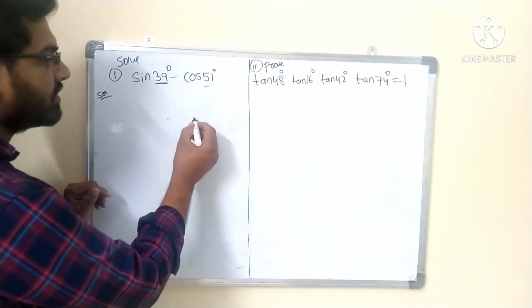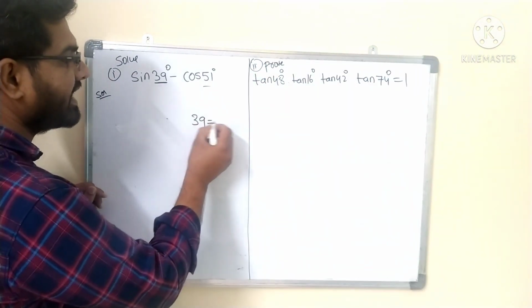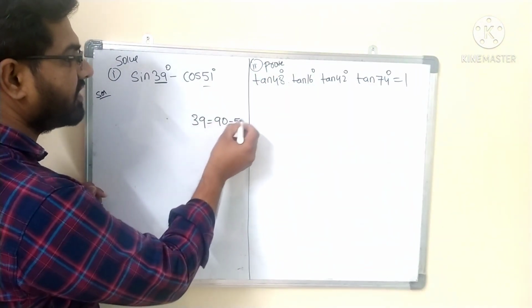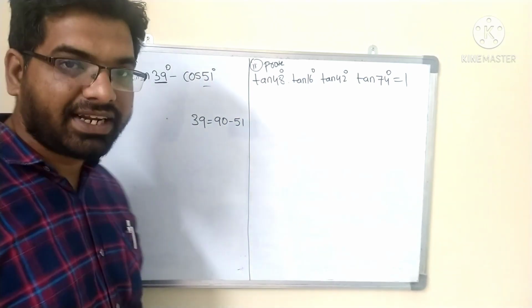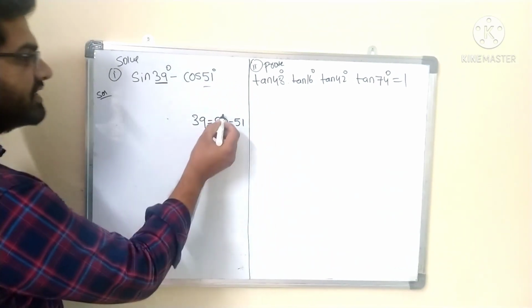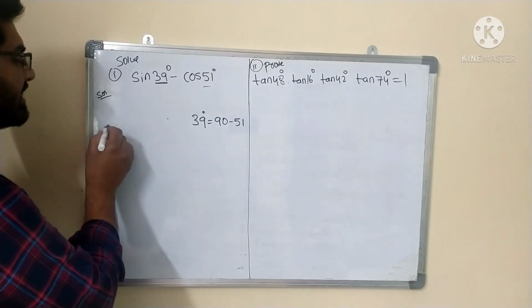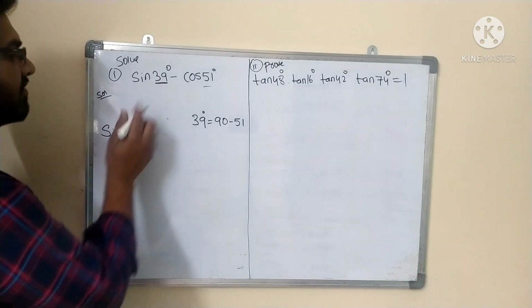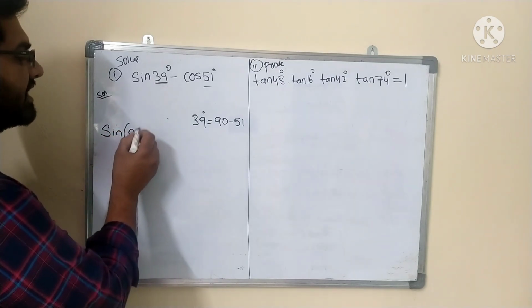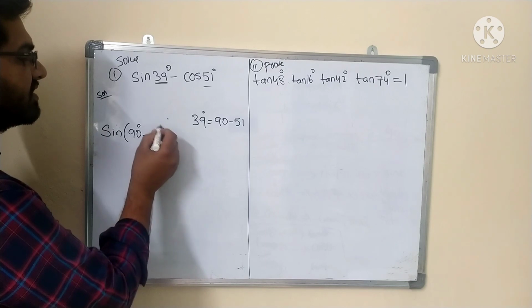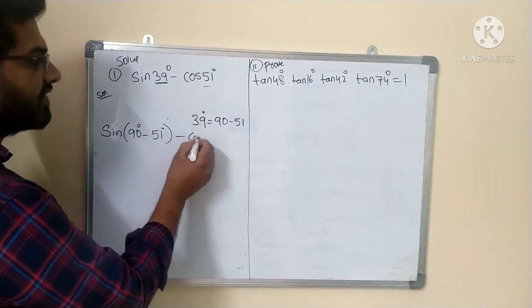So 39 I can write as 90 minus 51. 90 minus 51 is 39 degrees. So in place of 39 I am writing sine of 90 degrees minus 51 degrees, already minus cos 51.